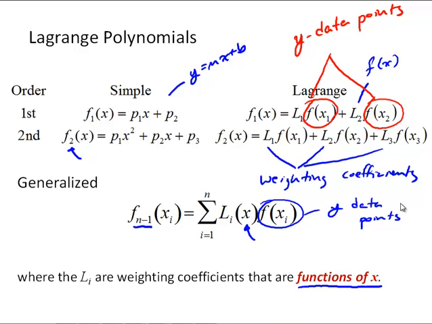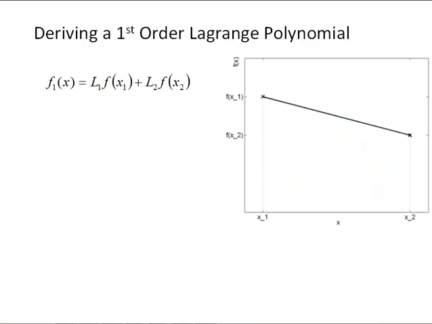So let's look at how this works with a first order polynomial. So here's our first order Lagrange polynomial, and again, this is just a stylized way of writing the equation of the line here that's connecting these 2 points, this point as x1 f of x1, and the second point here as x2 f of x2.